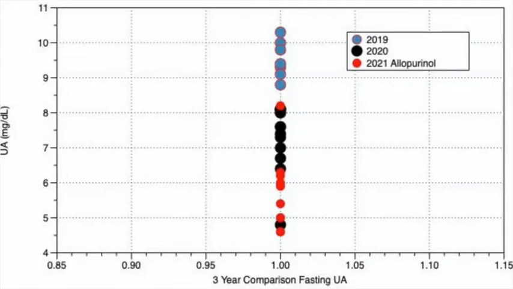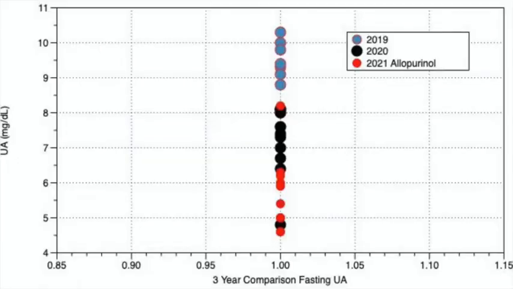In this slide, you're looking at 3 years of my uric acid fasting values. And what you can see is 3 clusters of points. At the top, we have my uric acid values from 2019. And you can see that those values are high. That's a reflection of the fact that the ketones that I'm producing and that are being excreted in the urine have caused the rise in my uric acid values.